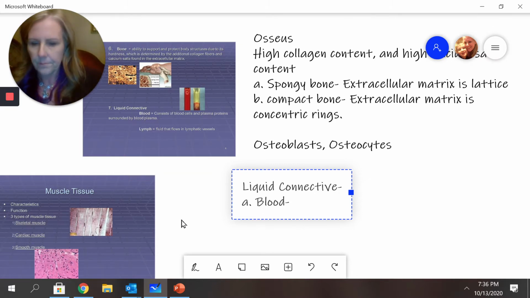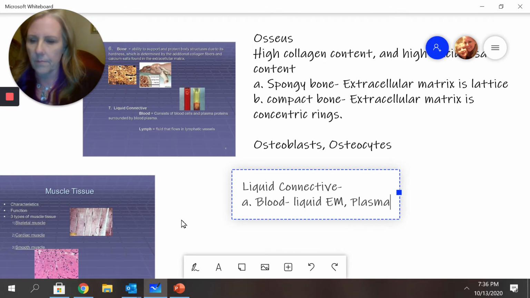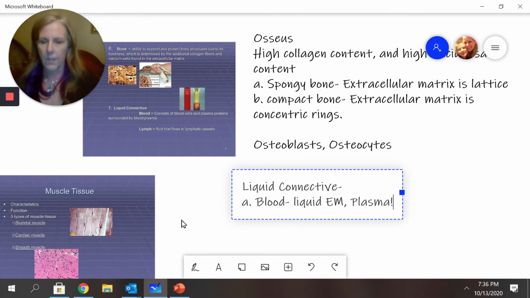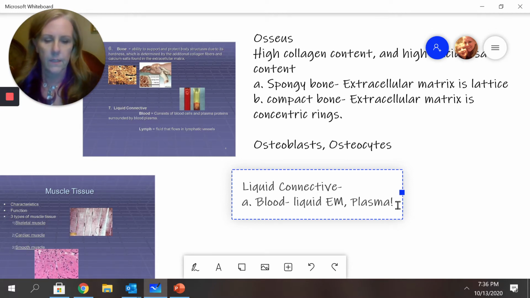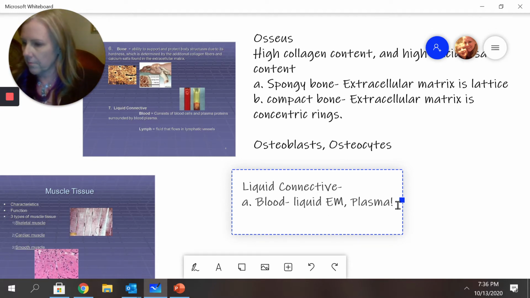Okay, so blood has a liquid extracellular matrix. I'm just going to put EM. Liquid extracellular matrix. Do you know what the liquid portion of the blood is called? Try to guess. Let's see if you were right. It's called plasma. So the blood plasma is the liquid extracellular matrix.